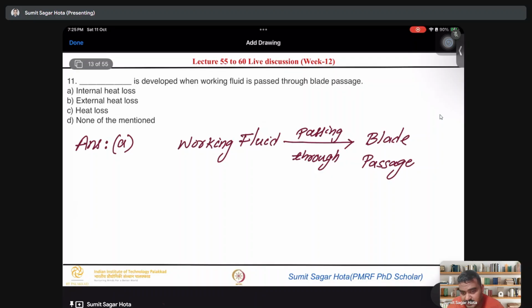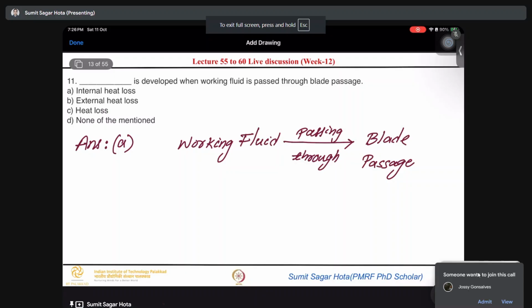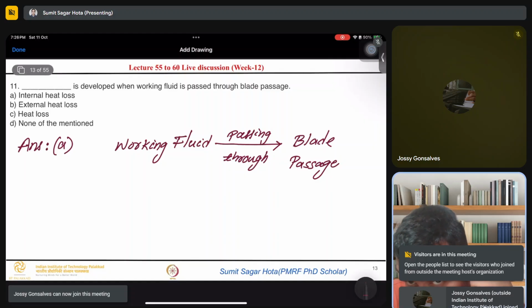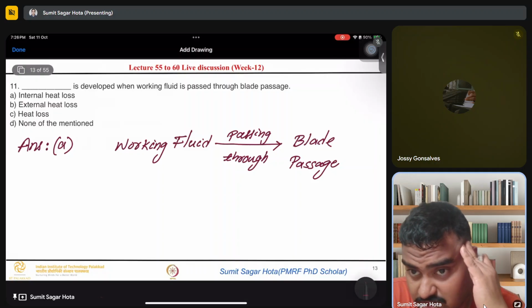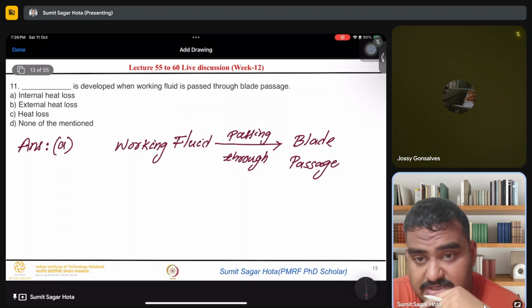That's the reason why when we model these gas turbine blades, or more specifically when we model the exhaust performance of a gas turbine, we need to model it accordingly. The working fluid, when it passes through the blades of the gas turbine, there will be a loss of heat.